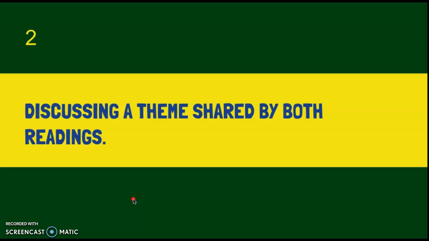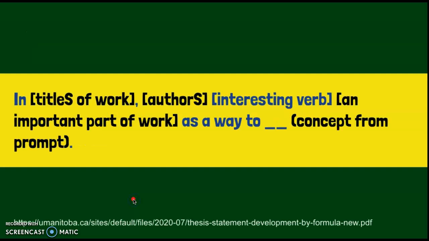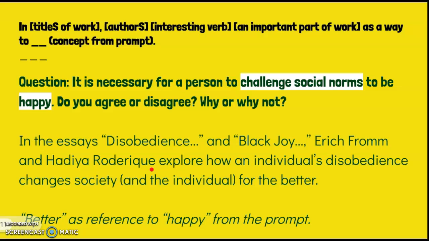So, if you want to discuss a theme shared by both readings, you can use the following thesis statement formula: In titles of work, authors, interesting verb, and important part of work as a way to blank, a concept from the prompt. So you want to reference the prompt here. For the same question, how would you use this?